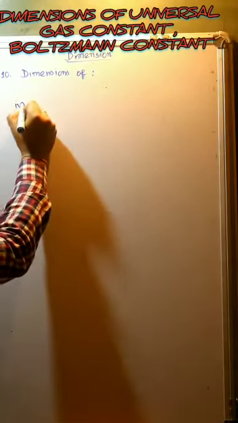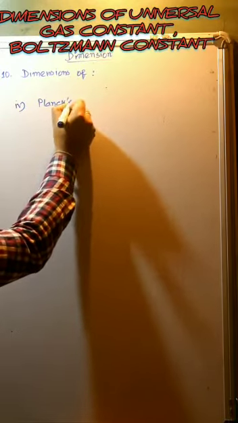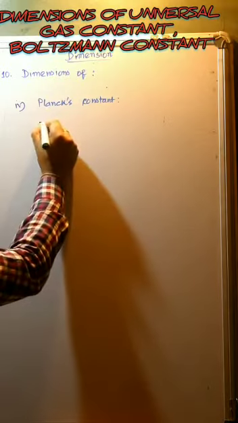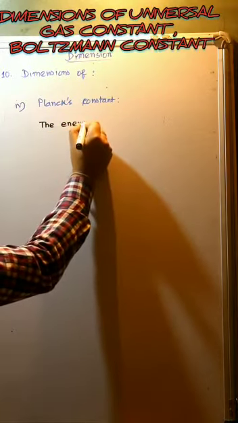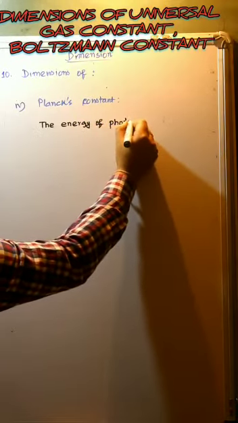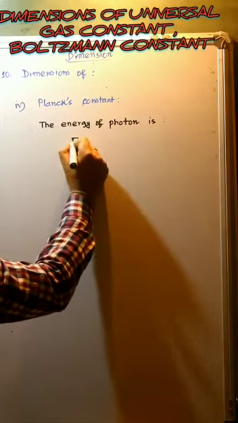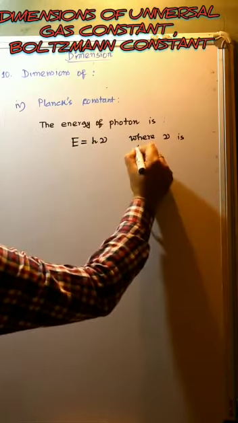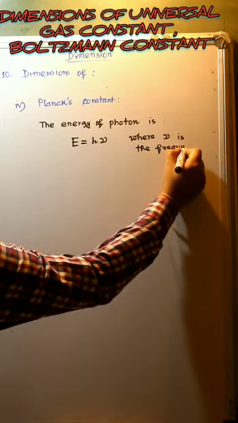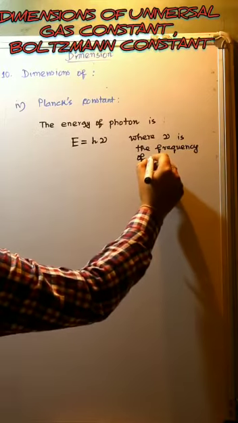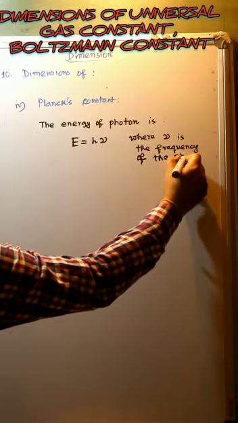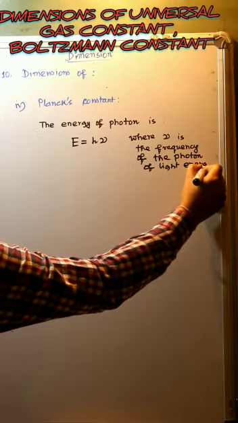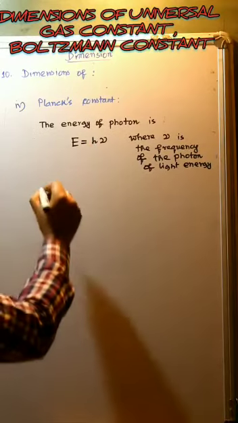Number 4, Planck's constant. We know that the energy of a photon is given by E equals h nu, where nu is the frequency of the photon or light energy, and h is the Planck's constant.